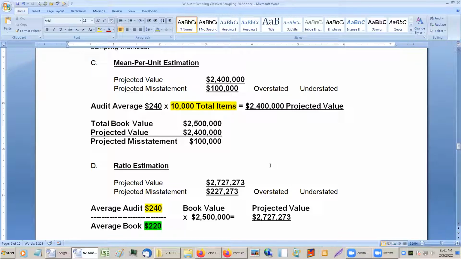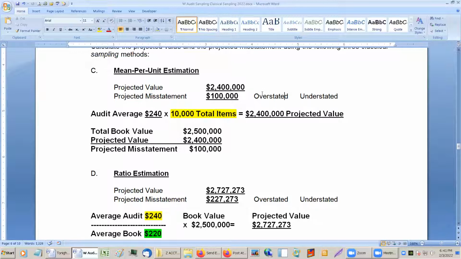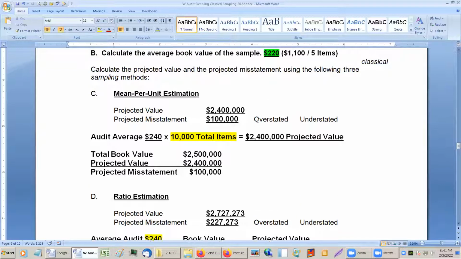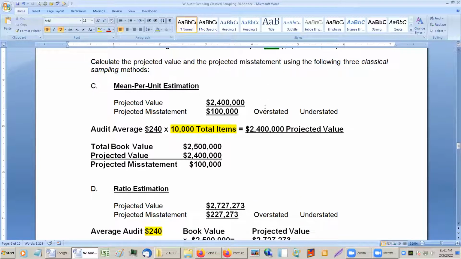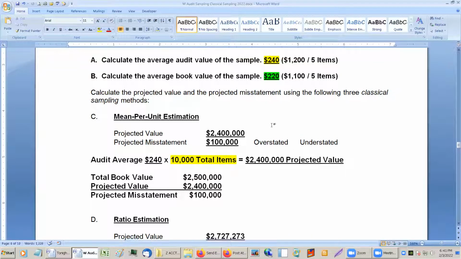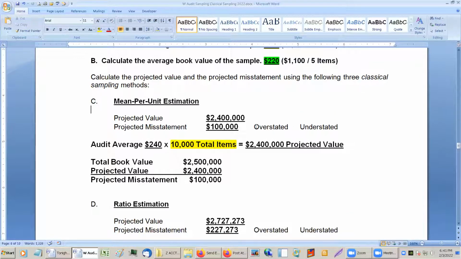Okay, and this one is kind of an odd one here, in that our projected value is 2,400,000. So for the mean per unit, is it overstated or understated? Overstated. Right. We're saying it should only be 2,400,000, and they have 2,500,000.